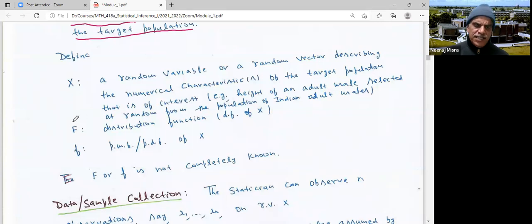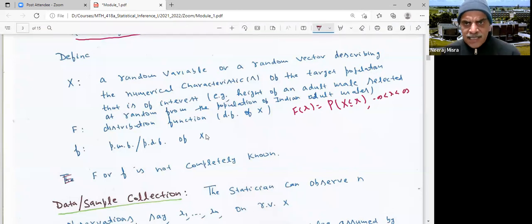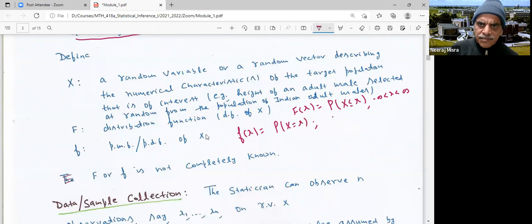Now, every random variable has a distribution function, so I assume that F is a distribution function. F of x is the probability that X is less than or equal to x. All the information about X is contained in its distribution function or the probability mass function or probability density function. In the discrete case, you know that f of x is the probability X equals x.